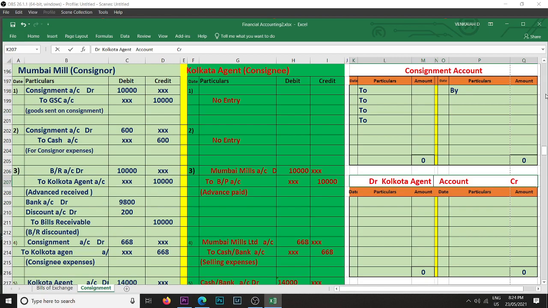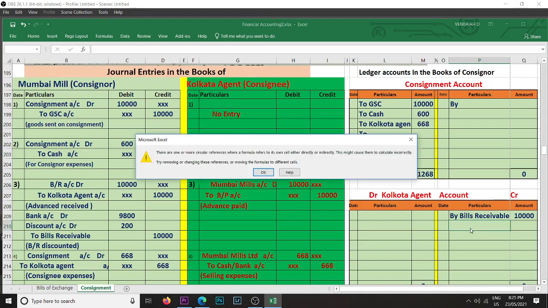Next entry is discount. Discount may not appear here. And next is consignee expenses to Kolkata agent. Consignment account debit to Kolkata agent, 668. Here also we have to write by consignment.